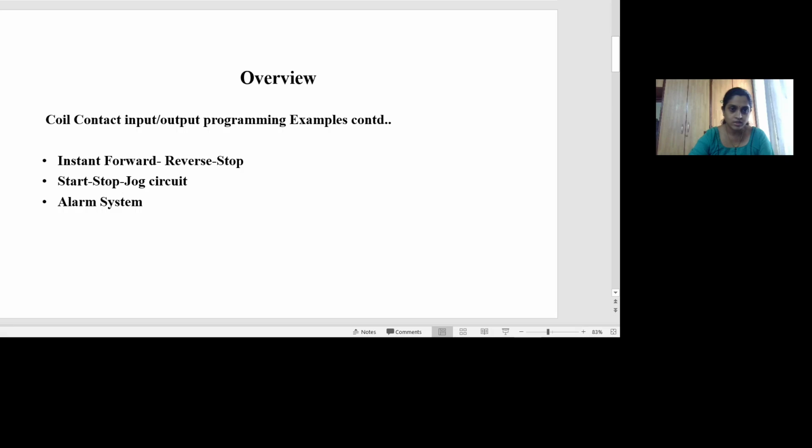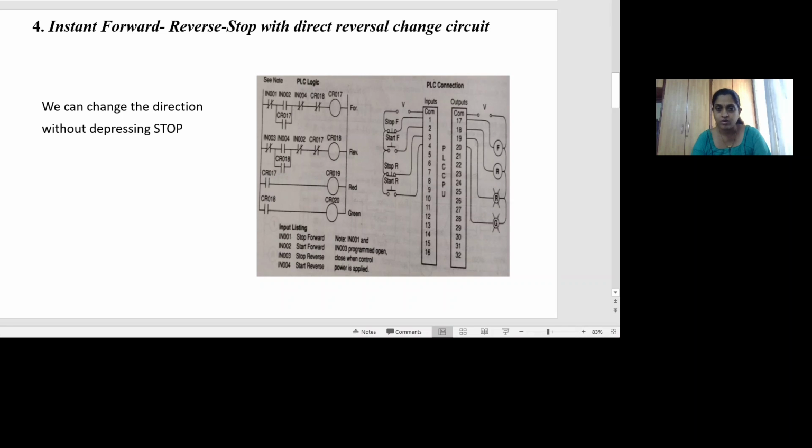So first, let us take the instant forward reverse stop with direct reversal change circuit. In the last session, we saw that to change the direction from forward to reverse or vice versa, we need to energize the stop contact. So in that case, it was taking time. In some applications, we need a faster change of direction.